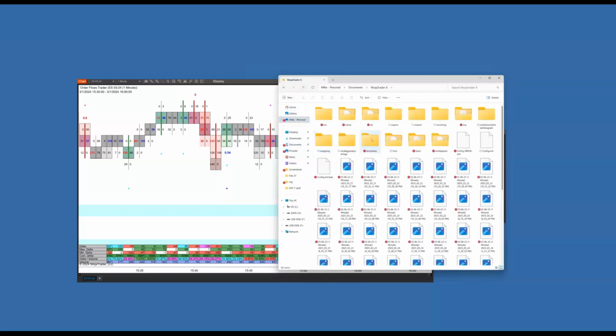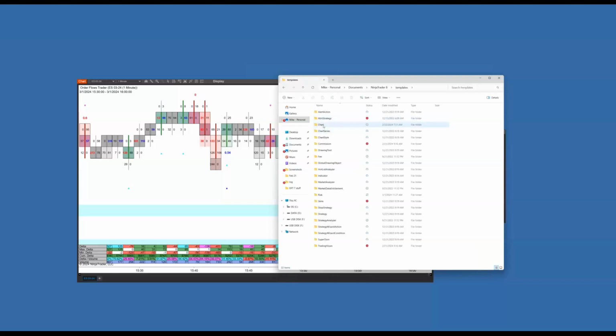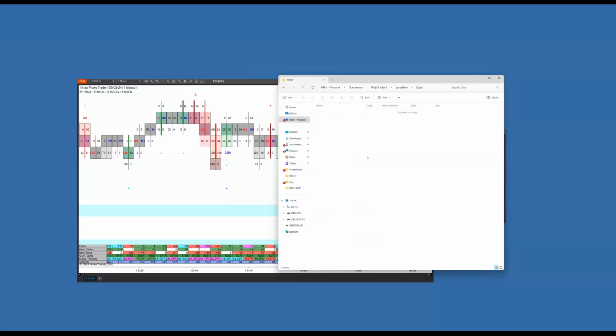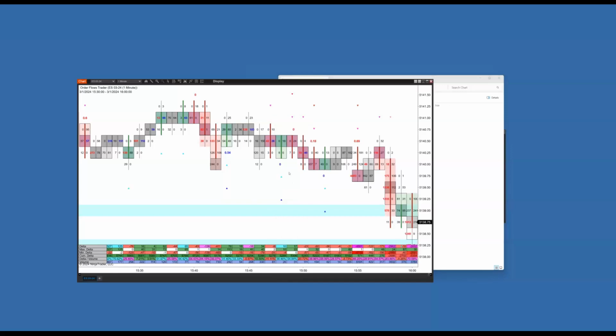Because again, if you have anything in your chart templates, right, and you're loading up NinjaTrader 7 and you're already running other charts here on your screen, because now that you've overwritten Orderflow Trader 6, it's going to cause a little bit of an issue because it's trying to read stuff.